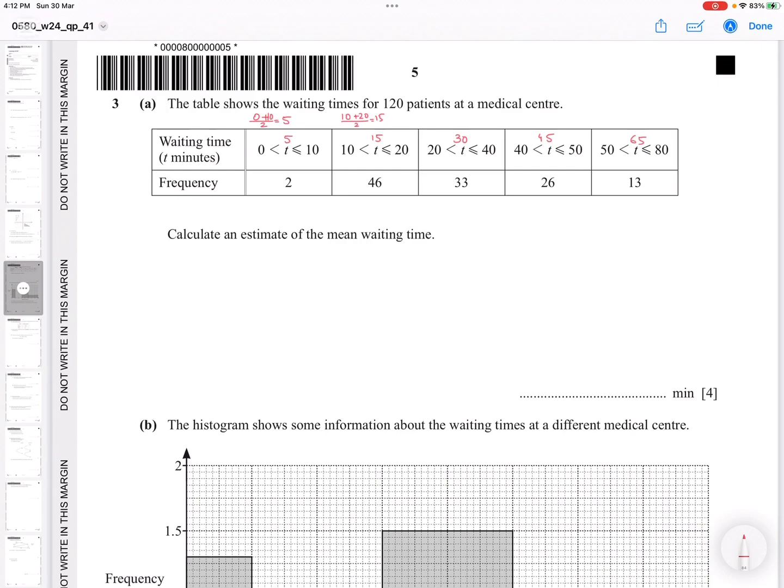Now you have the frequencies. To calculate the mean waiting time, we do the sum of f x over the sum of f.